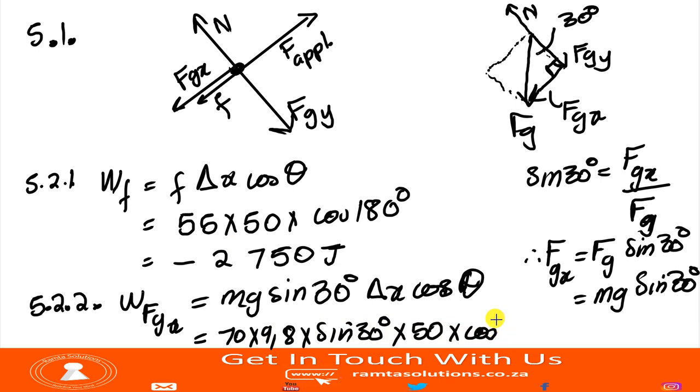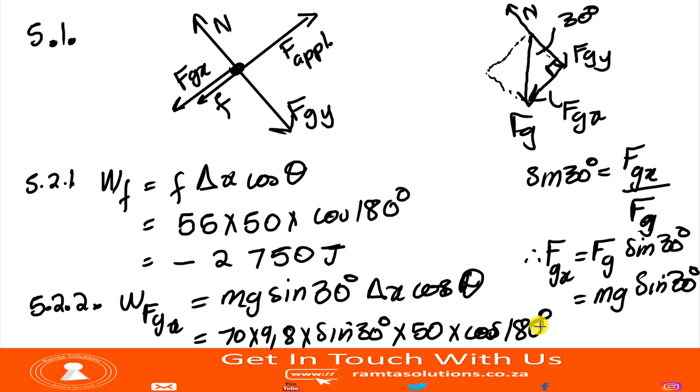This is going in the same direction as the friction, or it's opposing motion, so it will be 180 degrees. Let's see: 70 times 9.8 times 0.5 times 50. Guys, please don't be confused. This 0.5 is the sine 30. Remember, sine 30 is half.